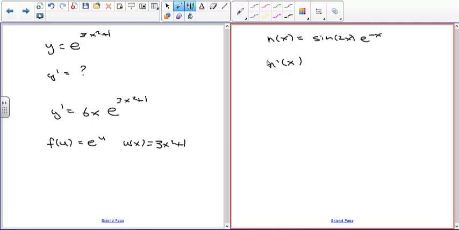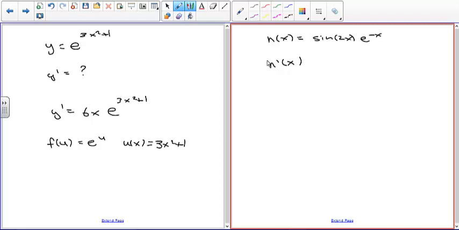You should be able to do both of those derivatives in your head, because we just talked about that. If it's a simple case like that, you're going to multiply by 2 when it comes to the sine, and you're going to multiply by -1 when it comes to the exponential. But in the case of the trig functions, it does change from sine to cosine. In terms of the exponential, it just stays the exponential.